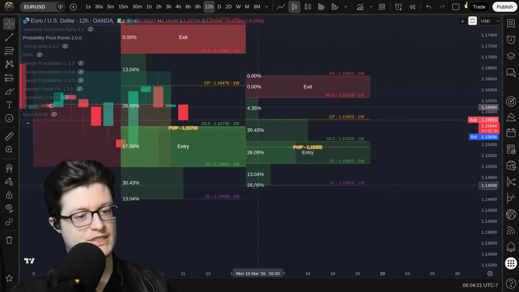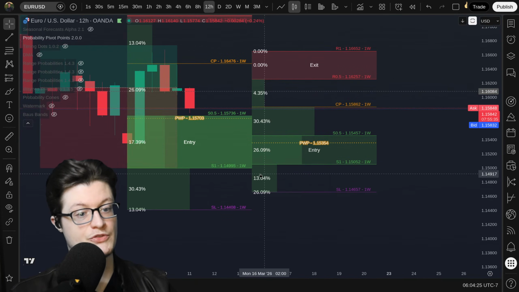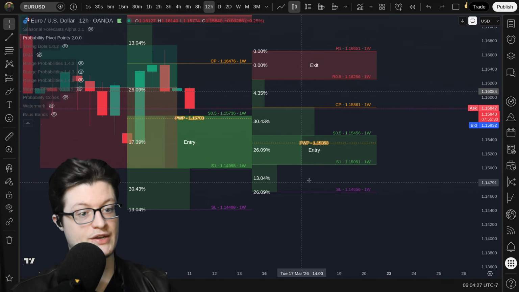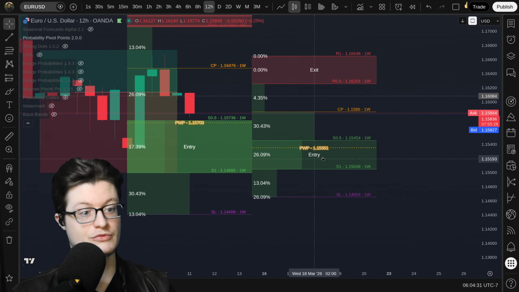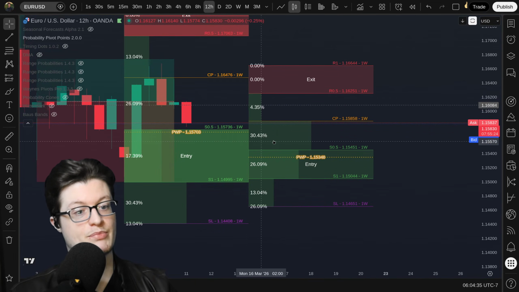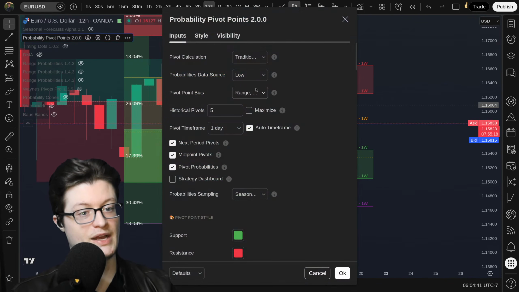It says 26% of the time next week we stop out, we hit the pivot stop. 13% of the time we hit a drawdown. 26% of the time we hit the entry, roughly around where the probability weighted pivot is for this bias. And then 30% of the time we actually hit the entry earlier, between central pivot and S0.5.